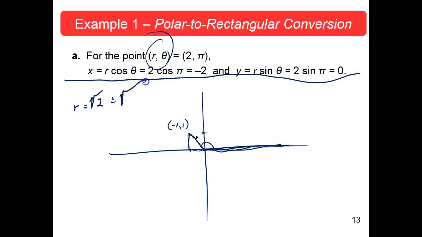That was the square root of 1 squared plus 1 squared, or negative 1 squared plus 1 squared, which is still 1 plus 1 is 2, square root of 2. The question is, what is the theta? How does angle theta relate to your x and y values, where x is related to the adjacent side and y is related to the opposite side?